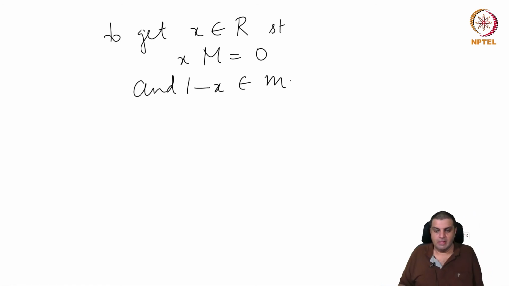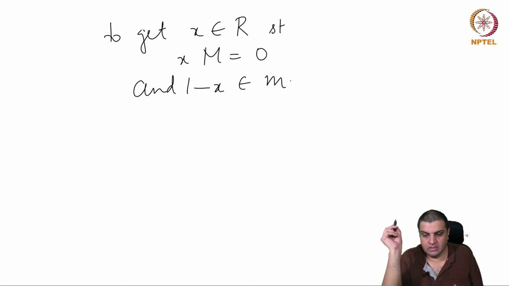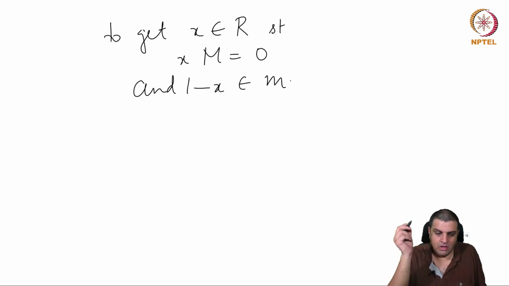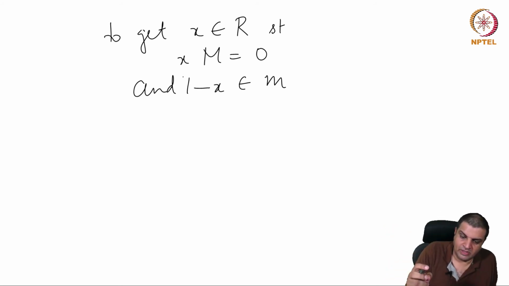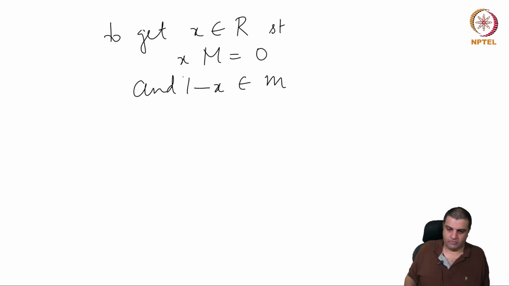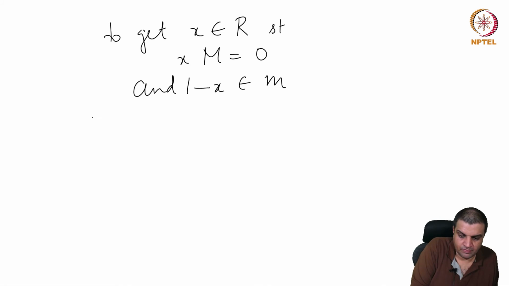But let's see what x is. We claim that x is a unit. So consider the ideal generated by x.